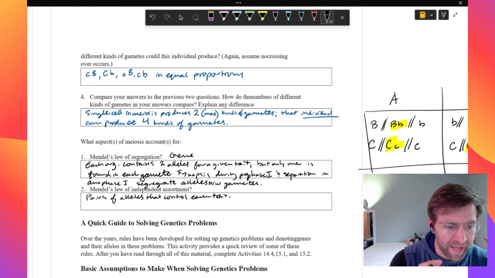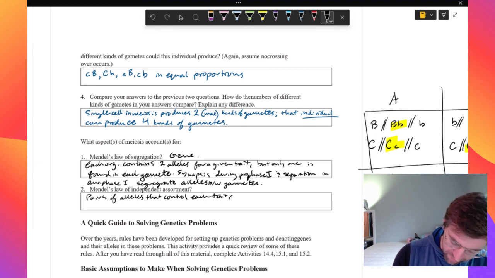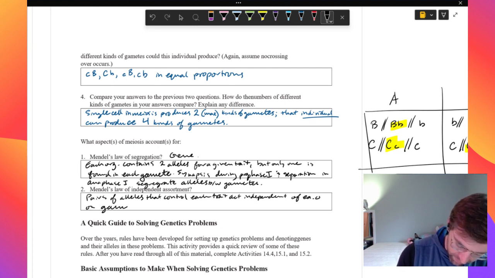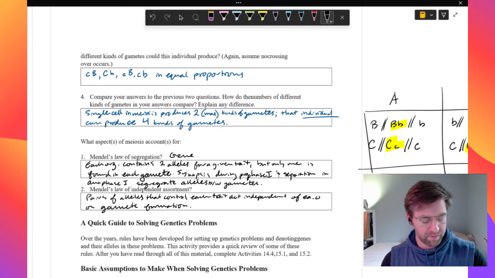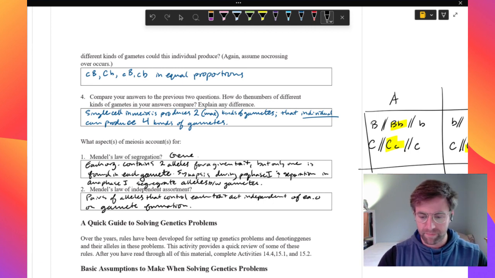Act independent of each other on gamete formation.